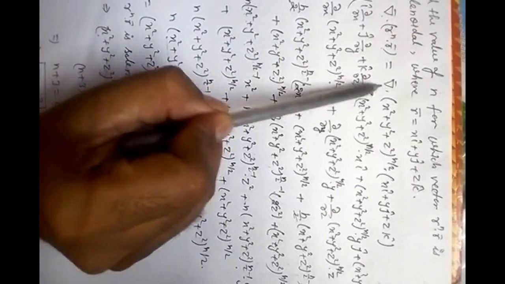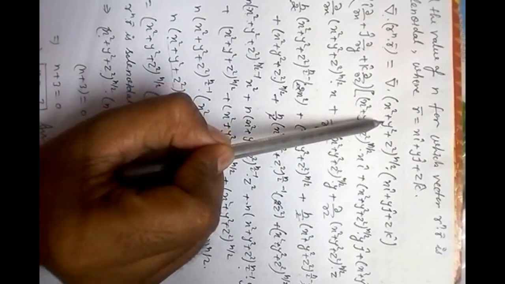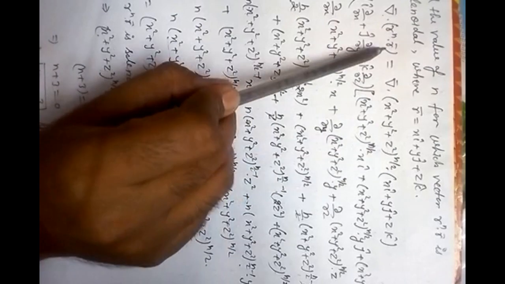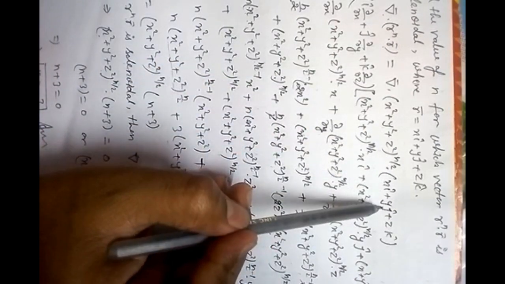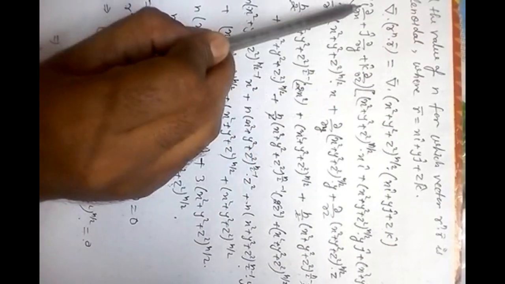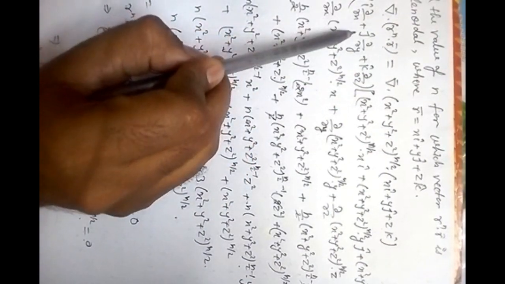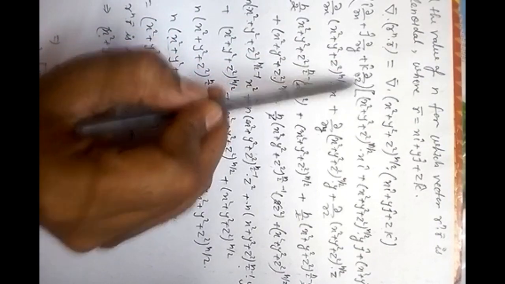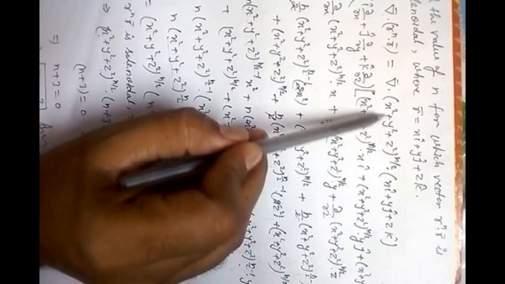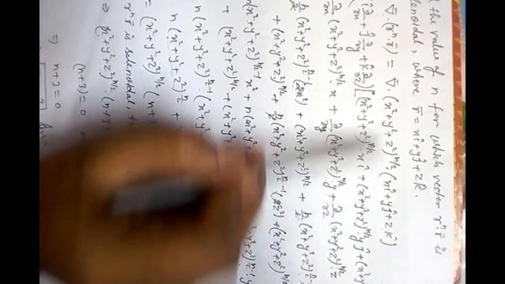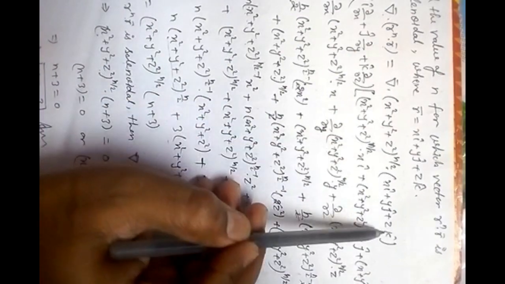Okay, del dot of r^n vector means (x² + y² + z²)^(n/2) times vector r, where vector r means xi plus yj plus zk. Okay, the value of del is i ∂/∂x plus j ∂/∂y plus k ∂/∂z. Here this term is multiplied by i, this term multiplied by this term, and this term is also multiplied by this term.